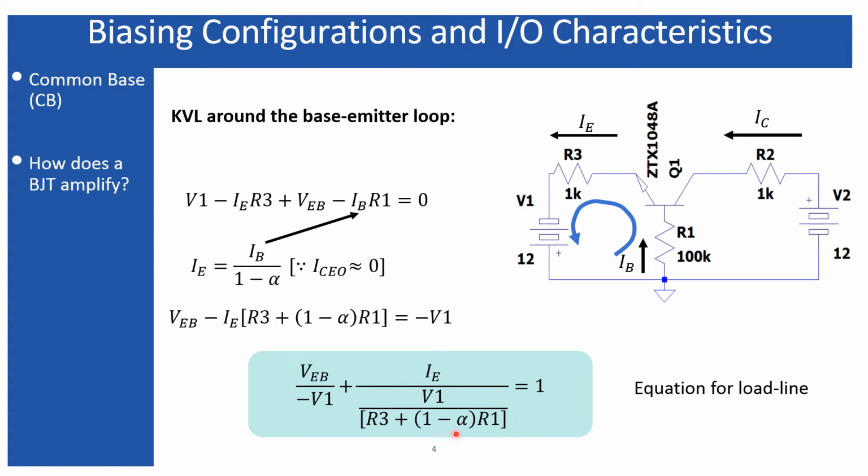Now a clear observation on this particular value shows that if alpha goes close to unity, the effect of R1 gets cancelled, because for the ideal case, for example if alpha is equal to 1, that part goes to 0. Only V1 divided by R3 should appear in this expression.